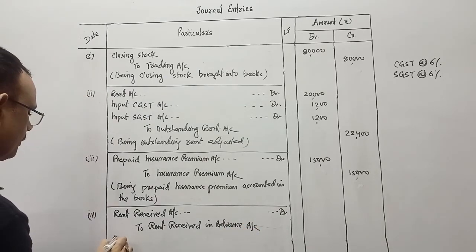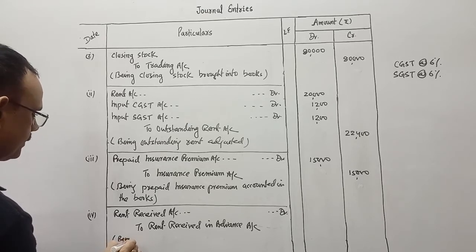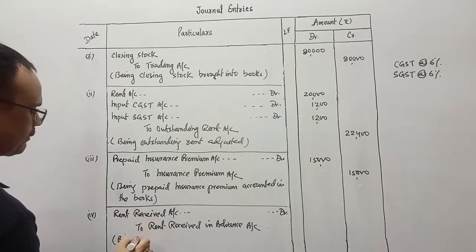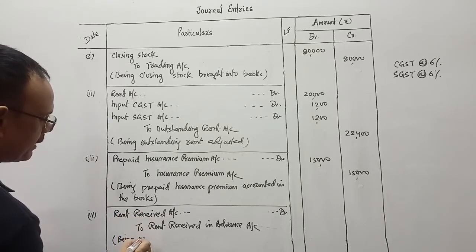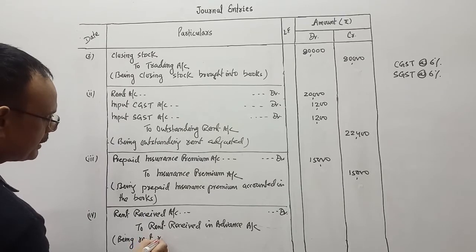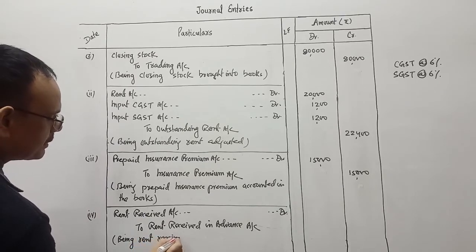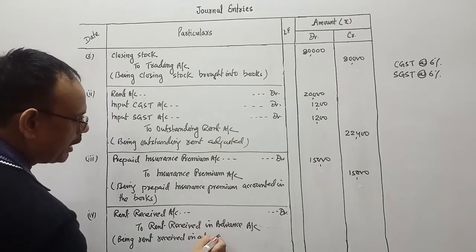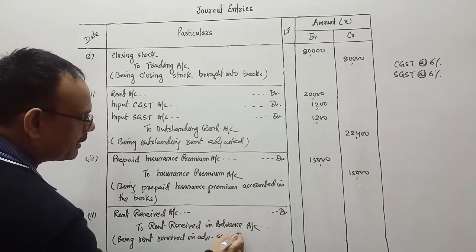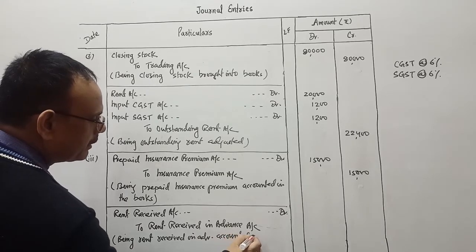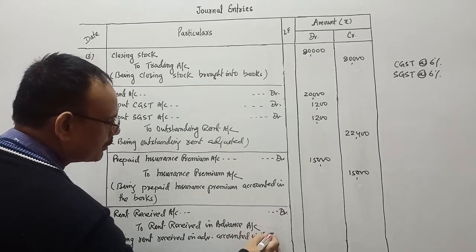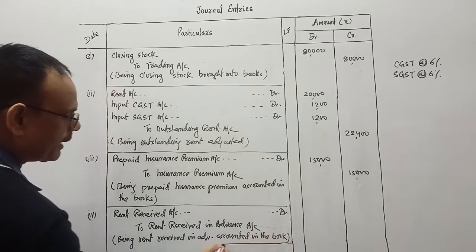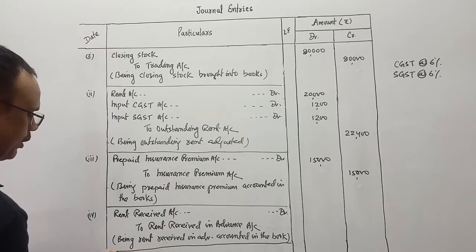So the narration will be: being rent received in advance accounted in the books, or you can say recorded.